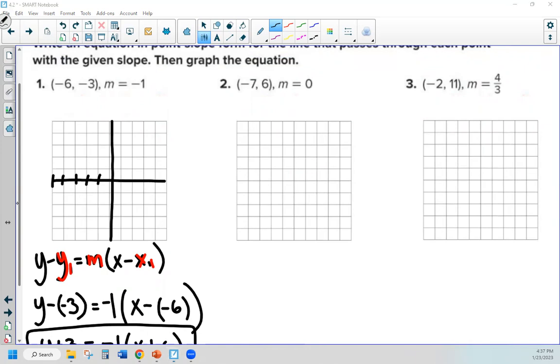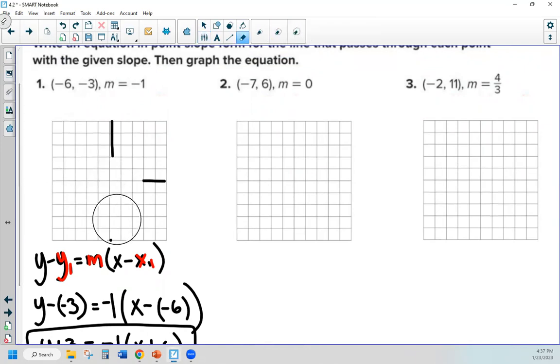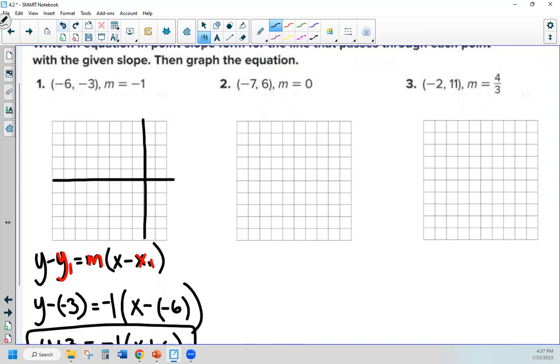I could count by 2s, but it's my graph, I don't want to. So I'll push my graph to the side more, say here, and say, okay, 1, 2, 3, 4, 5, 6 to the left, and then down 1, 2, and 3. So I have a point located at -6, -3, which is that point right there.